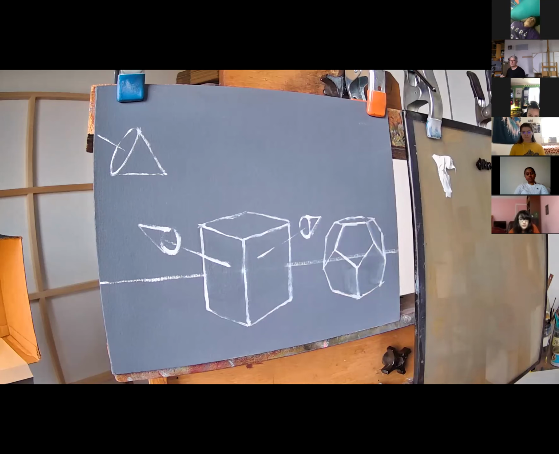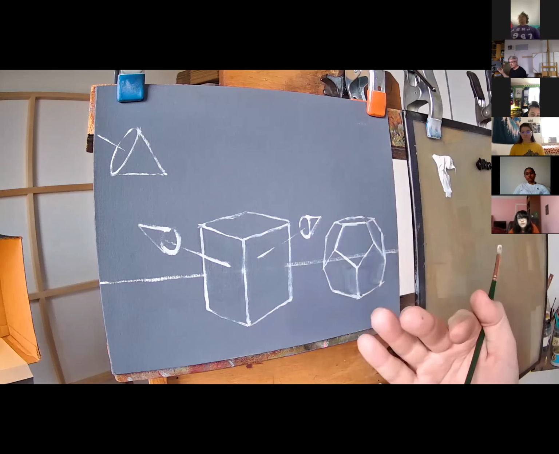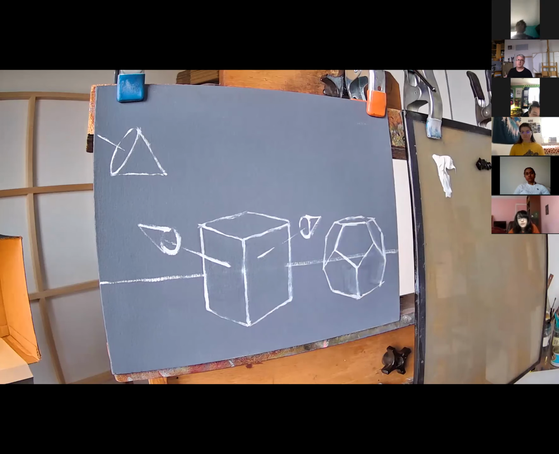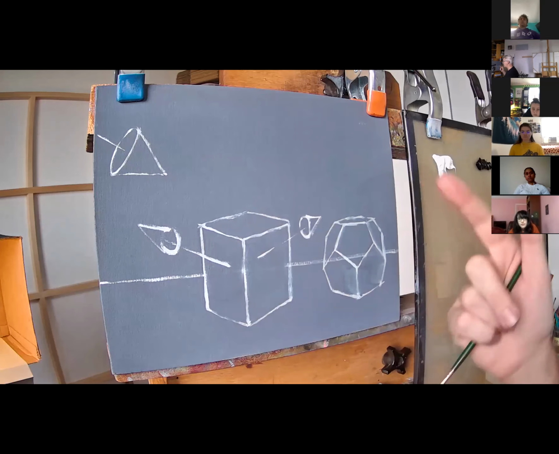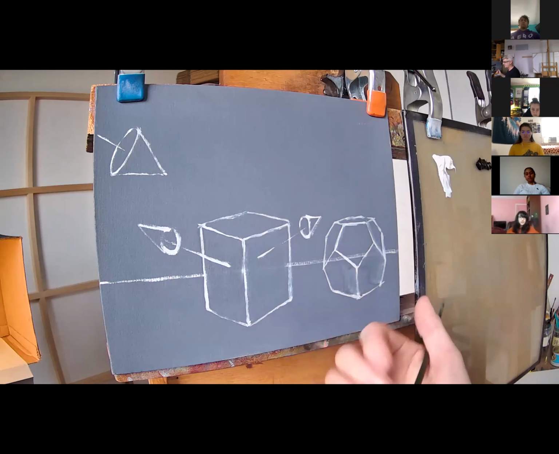So when we're dealing with simple geometric forms, we can, with clarity, represent how those objects are moving through space. So we're going to use that principle when we're painting more complex forms. Okay, so this is just a line drawing, and we have a pretty good sense of how these objects are moving through space.